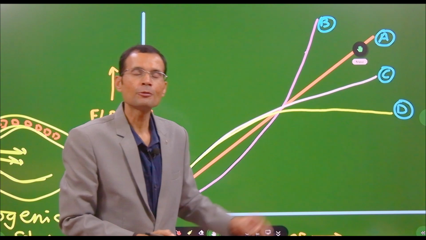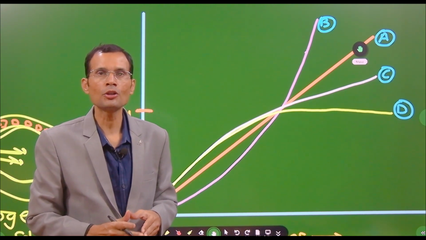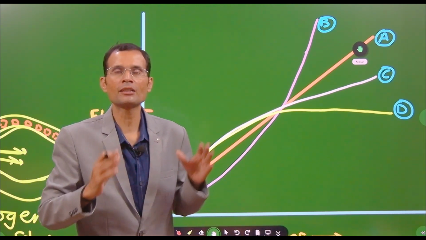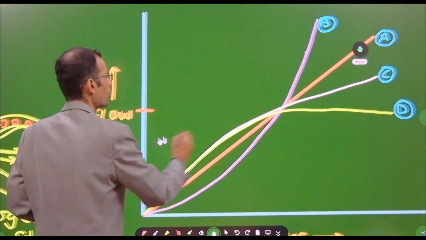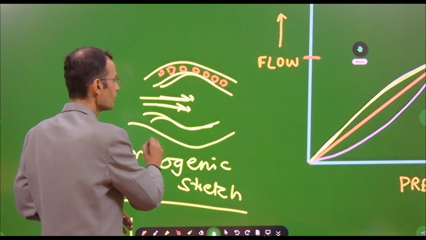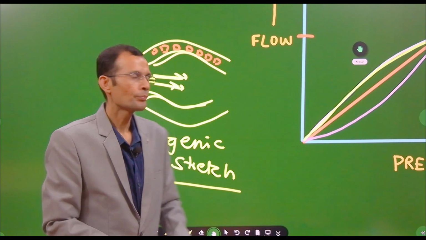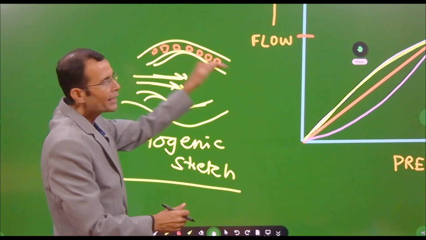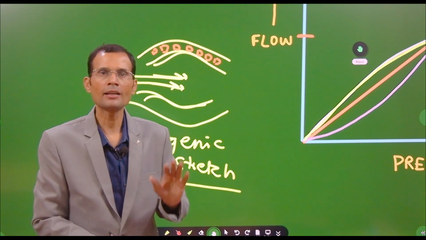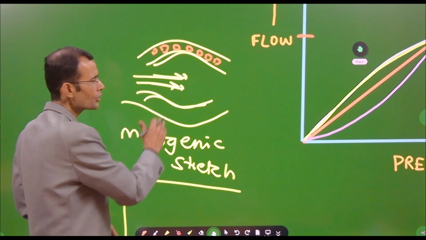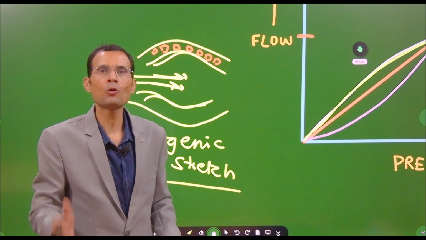The C curve is telling us about the myogenic stretch mechanism. All right, what is the myogenic stretch mechanism? Myo means muscle. So blood vessels are lined with smooth muscle, that is myo, and stretch is the stretch of the vessel wall.